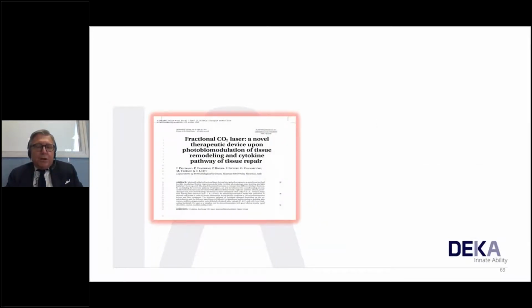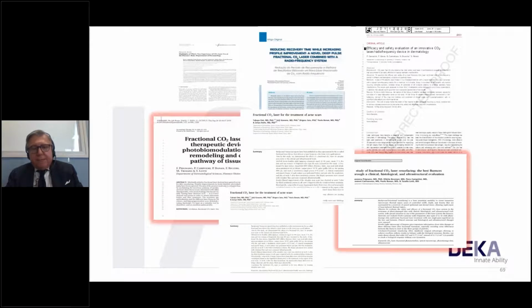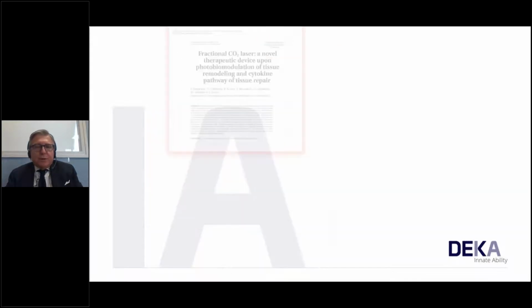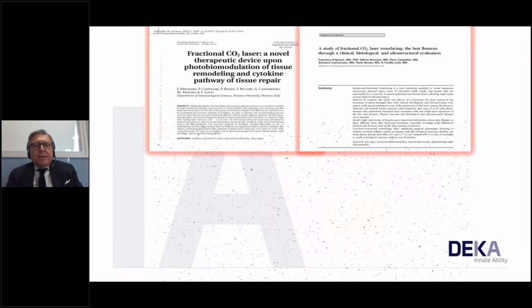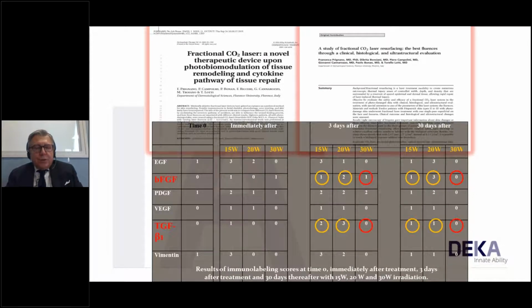Well, we published a lot over the past decade, but I want to focus our attention on these 2 studies where it's evident that after the treatment, the 2 main cytokines, BFGF and TGF beta 1, that are balanced in the wound healing, are moved only and above all with the lower parameters at third day and 30th day.